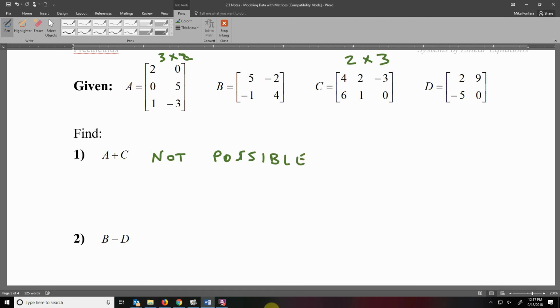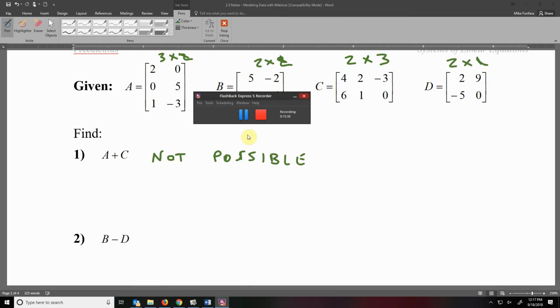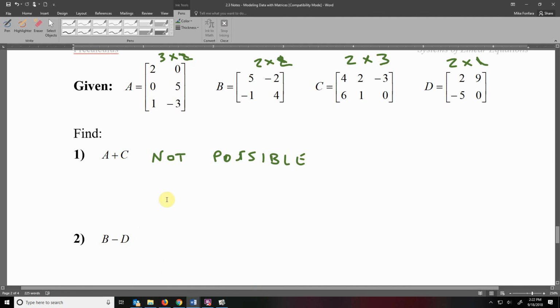Next is B minus D. 2 by 2, and another 2 by 2. Those can be subtracted. So B and D are both 2 by 2, so we can subtract those.